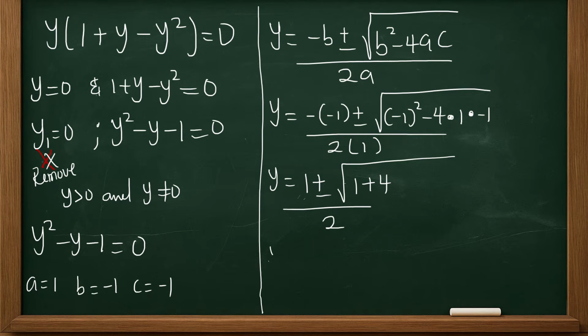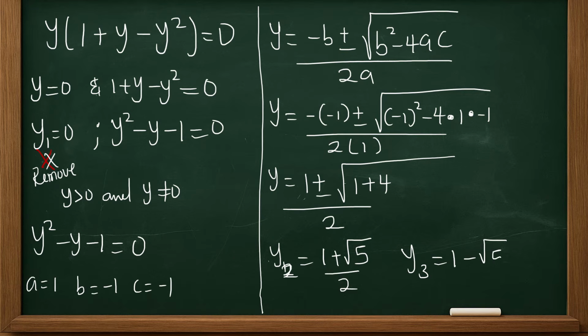So here we have y. Let me call this y1, okay? So my y2 is going to be 1 plus the square root of 5 over 2, and my y3 is going to be 1 minus the square root of 5 over 2. Now, if you have a very good look at this, you can see that this also is not valid.